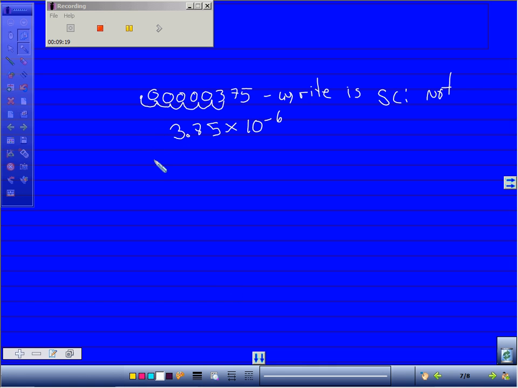What if I say write in standard form? So what if I want to go the other way?